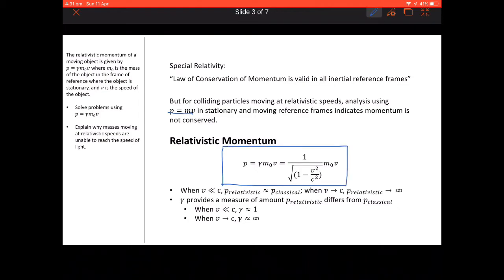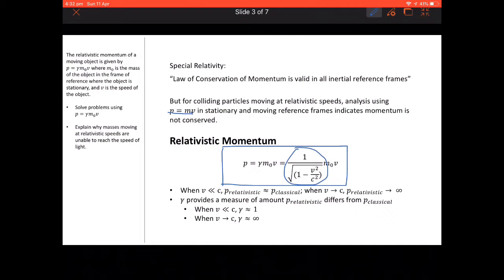It's not actually that big, it just looks big with the fraction and square root sign of the Lorentz factor. This illustrates that when velocity is much less than the speed of light, so it's at a classical or tangible speed that's not supermassive, the relativistic momentum will be roughly equal to the classical momentum, and that's because this here, which is the Lorentz factor, will be equal pretty much to 1.